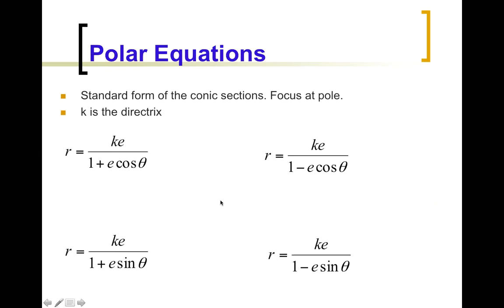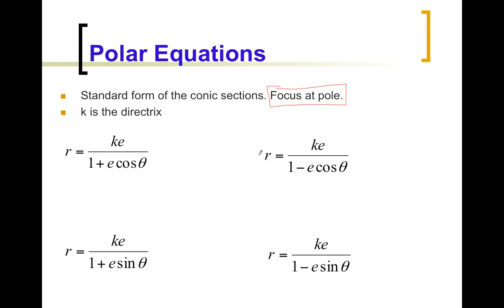All right, so let's look at the standard form. We have 4 different standard forms. And the reason these are necessary is because every single polar equation that we're going to be dealing with in this section has this one statement right here. Very important. For a parabola, its only focus is at the origin, or at the pole.